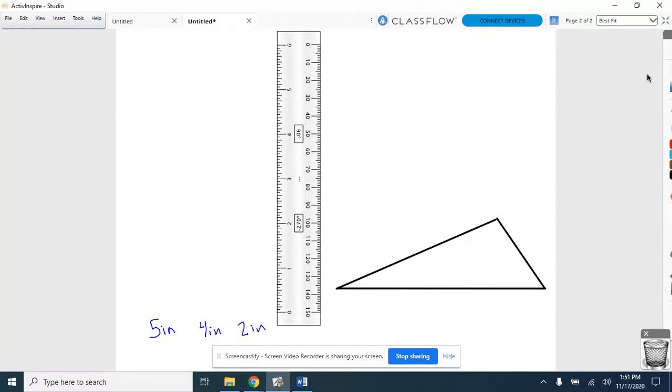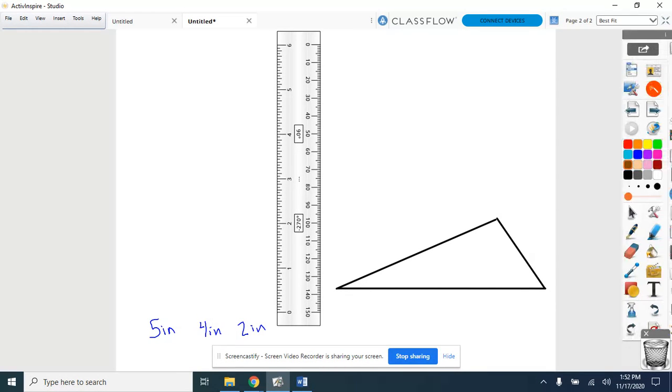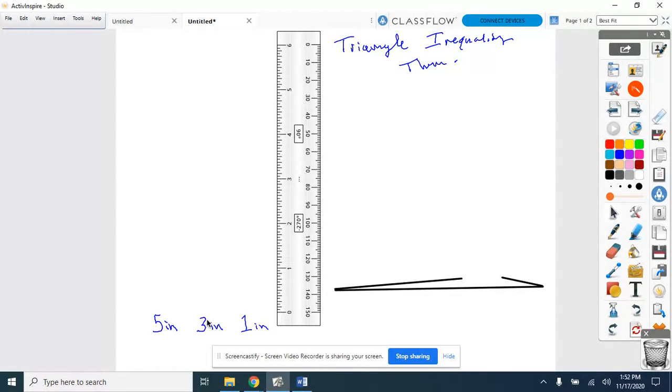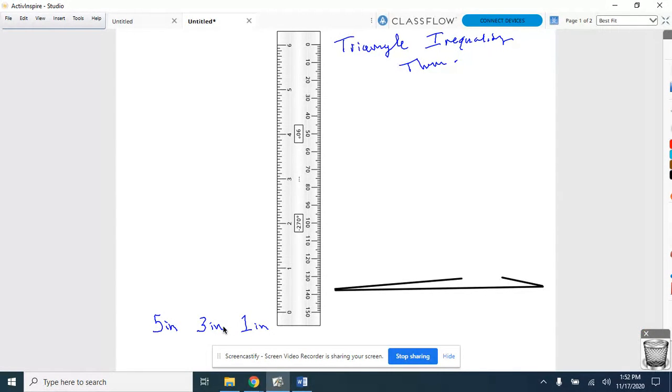What do you notice? What's 4 plus 2? 4 plus 2 is 6, which is greater than 5. What happens on the other one? 3 plus 1 is 4, which is less than 5, which brings us to our triangle inequality theorem.